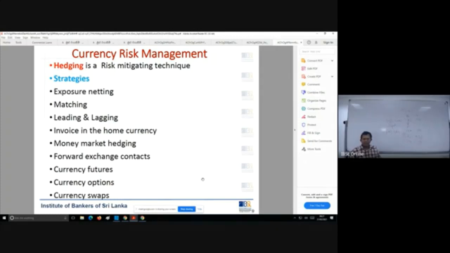Lagging means you delay, thinking that the exchange rate will favor you in future. Invoice in the home currency. You import or export something, but you invoice in LKR. You export tea to, say, Russia, and you do the invoicing in rupees. Can you do that? You can't.